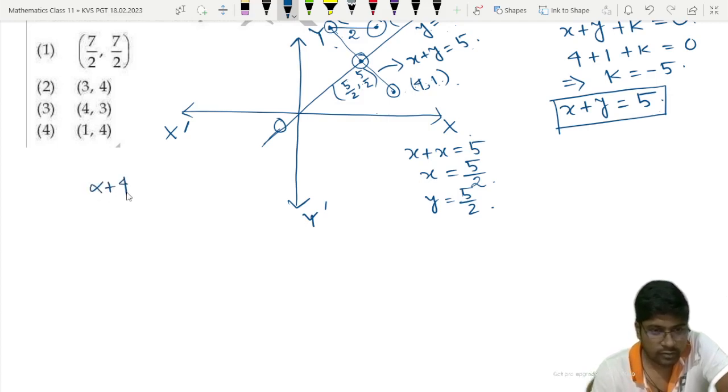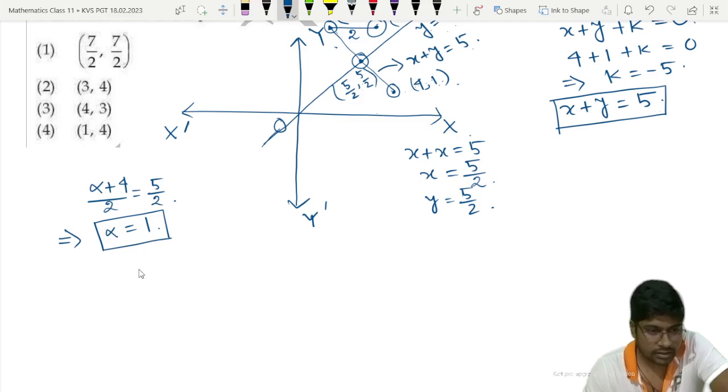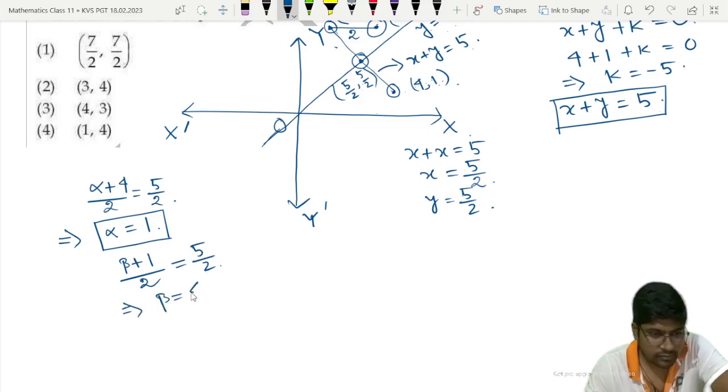If we apply the midpoint formula, then we will get (alpha + 4)/2 = 5/2. So from here alpha = 1. And again (beta + 1)/2 = 5/2. So from here beta = 4.